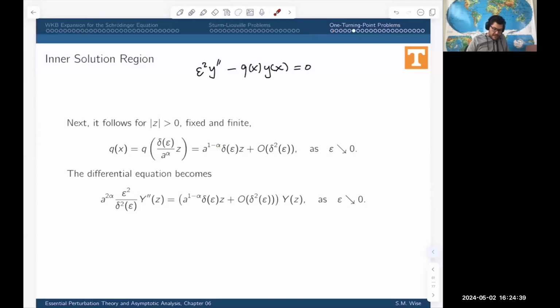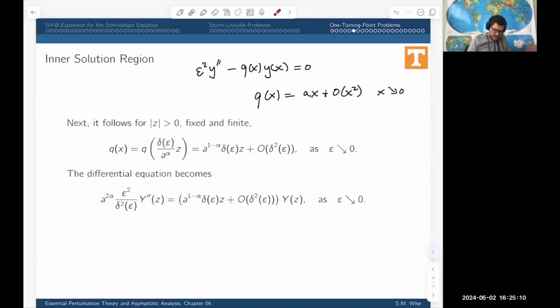The reason is that, remember, q of x is equal to ax plus order x squared as x goes to 0. So I have an a and a 1 over a to the alpha, and the result is a to the 1 minus alpha.